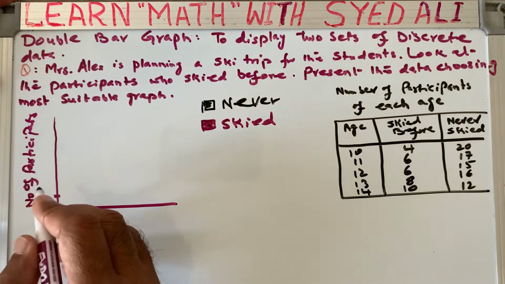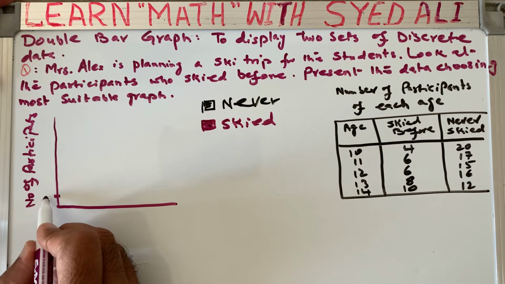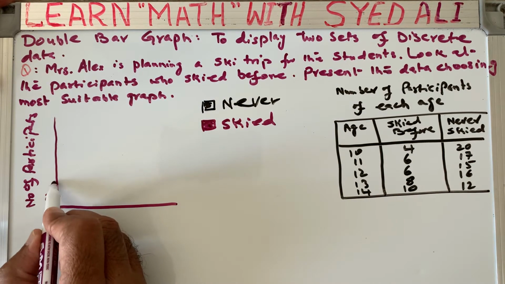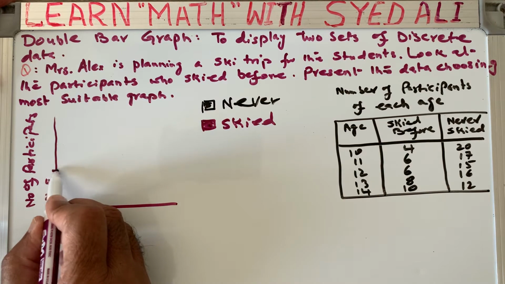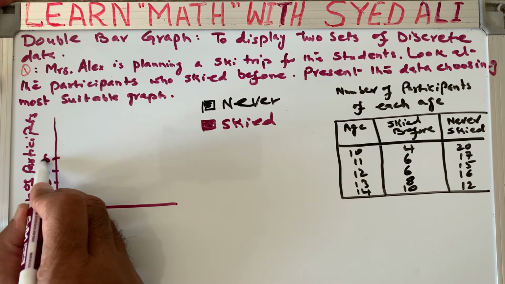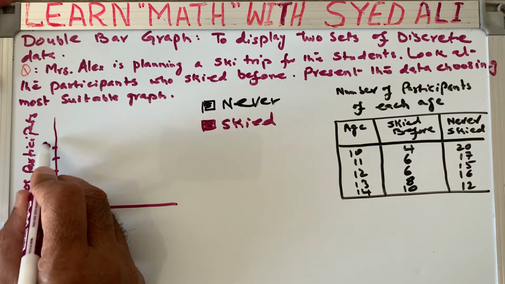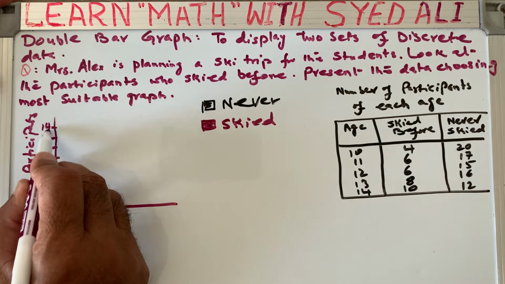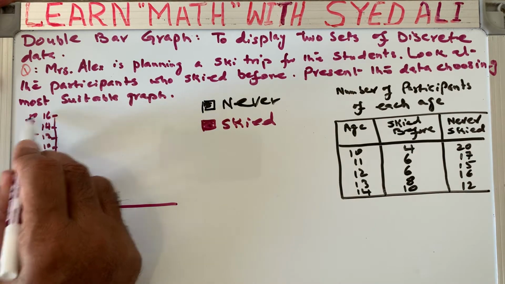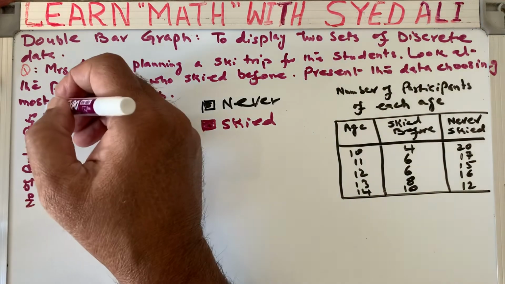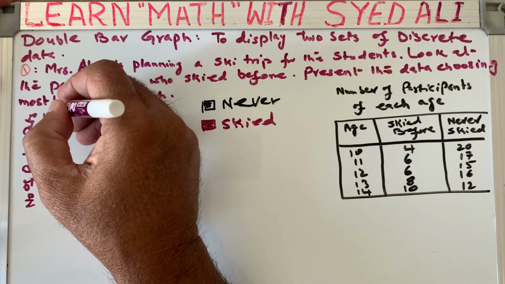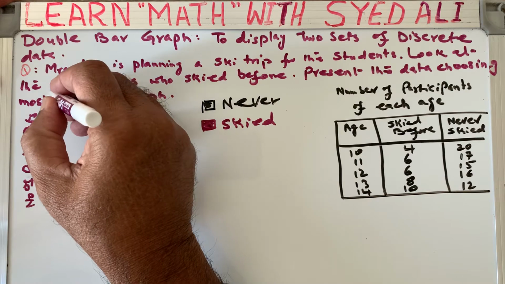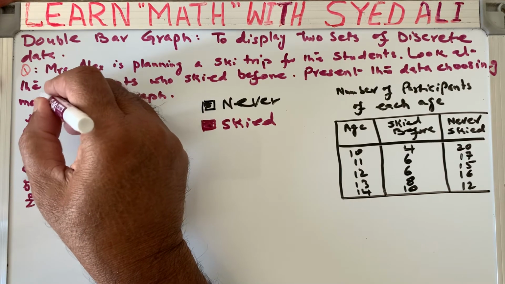So in numbers, I can mark 2, 4, 6, 8, 10, 12, 14, 16, and I have to go up to 20. So maybe 18 and 20, right?